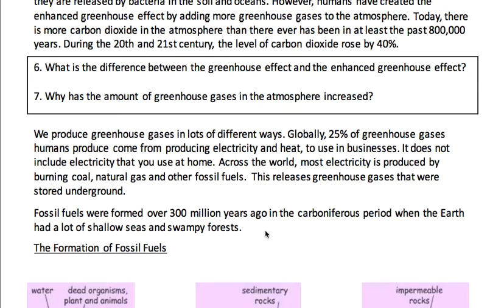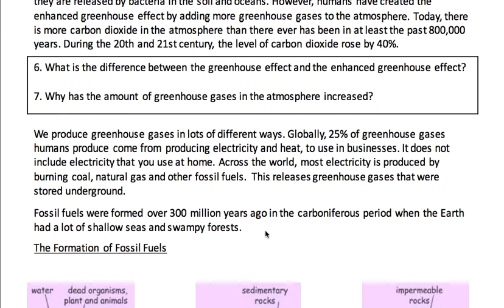Right, let's summarise what that reading is trying to tell us. People produce greenhouse gases. So, greenhouse gases exist naturally, but people are adding more greenhouse gases to the atmosphere. And a quarter of those greenhouse gases that people are producing come from producing energy. That's electricity and heat to use in businesses. So most of the energy that we use in society is used in businesses.